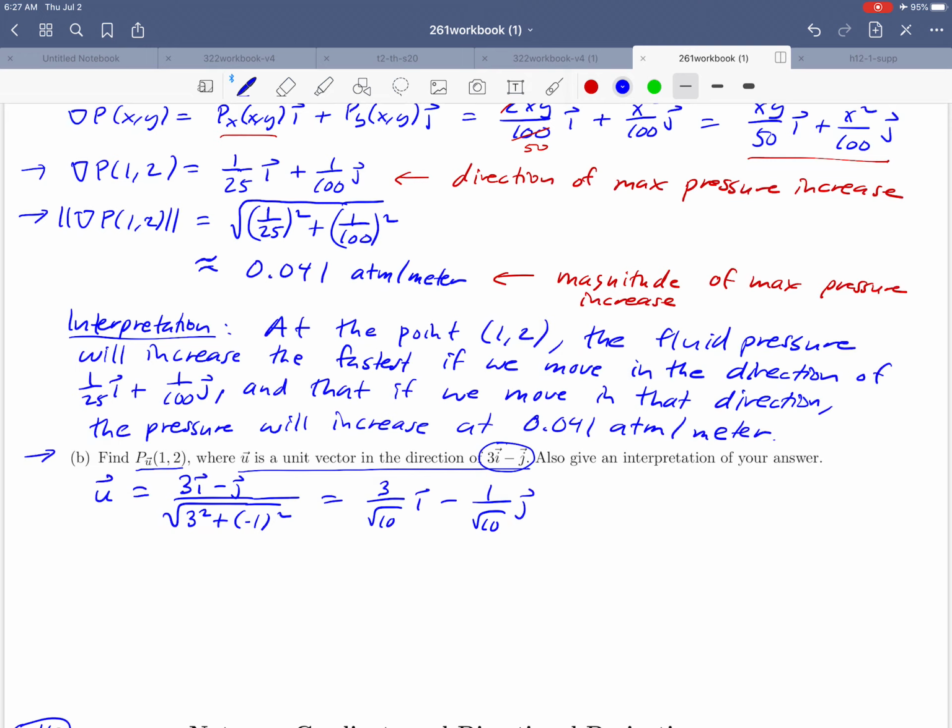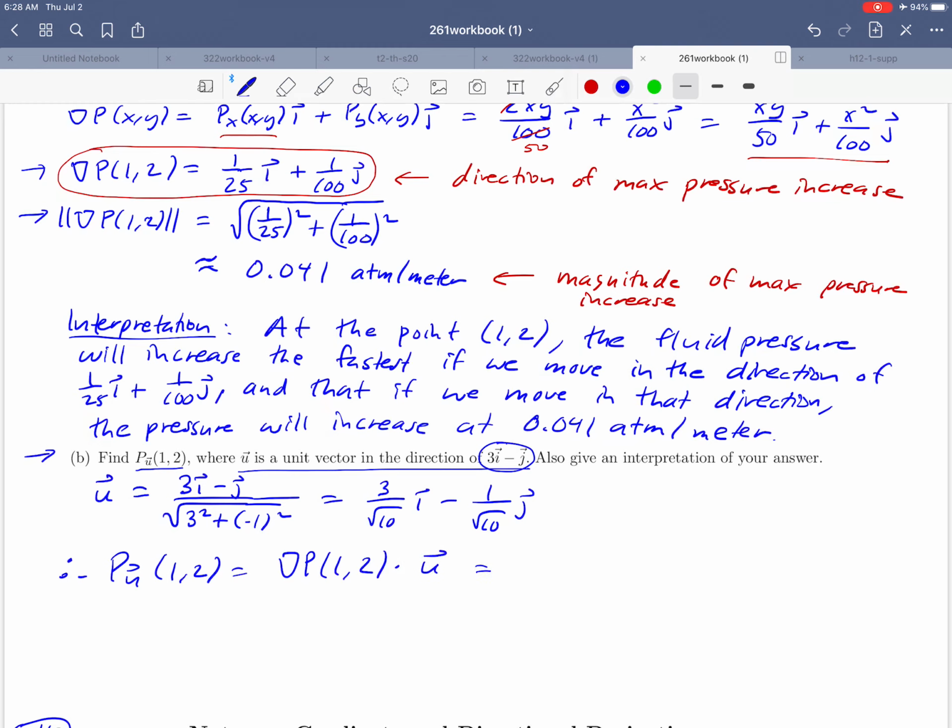And the other piece is the gradient vector, but we already calculated the gradient vector up here in part A, so we can just use that. And so the directional derivative that we're looking for is just going to be that gradient vector dotted with the unit vector.